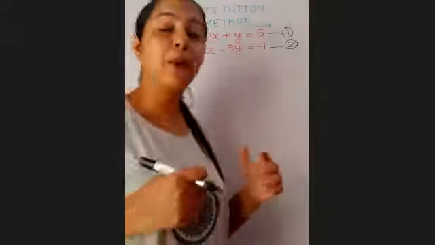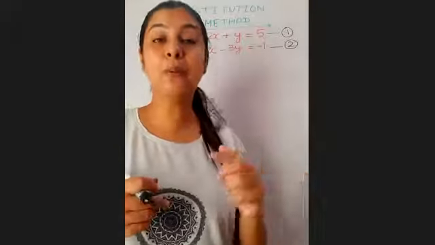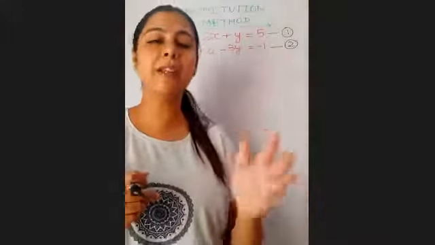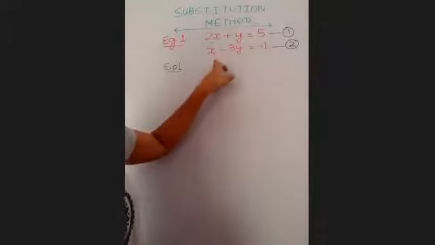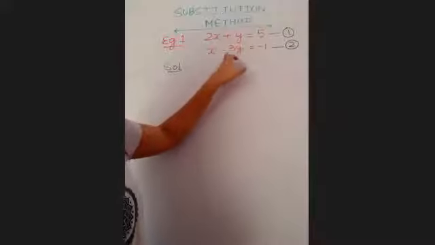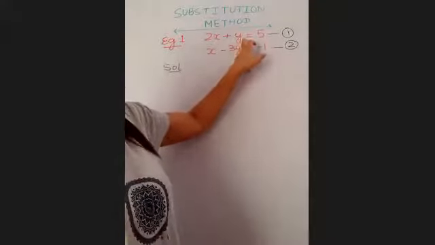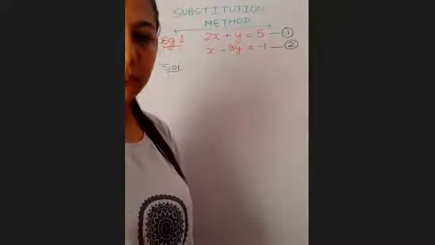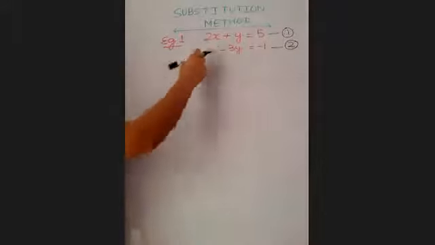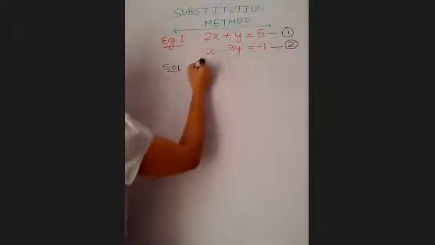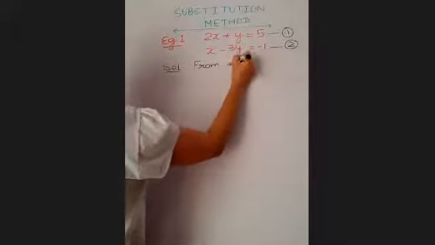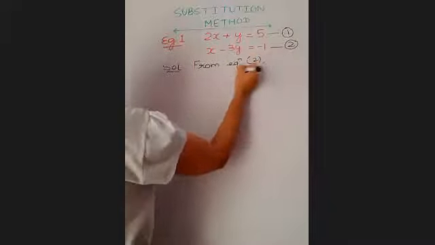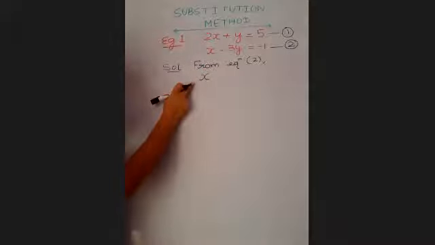Suppose we substitute. If you want to substitute x, again it's your choice, then you go for the second equation. If you want to substitute y, then go for the first equation. Suppose I am talking of equation number 2. From equation 2, what is x equal to? x minus 3y equals minus 1.